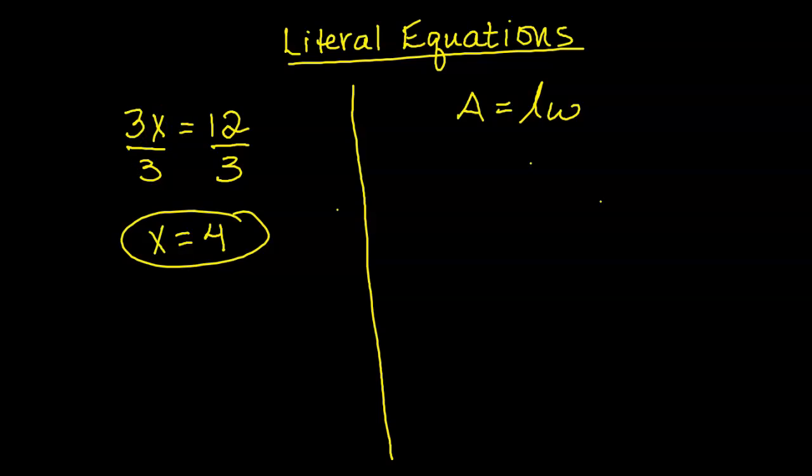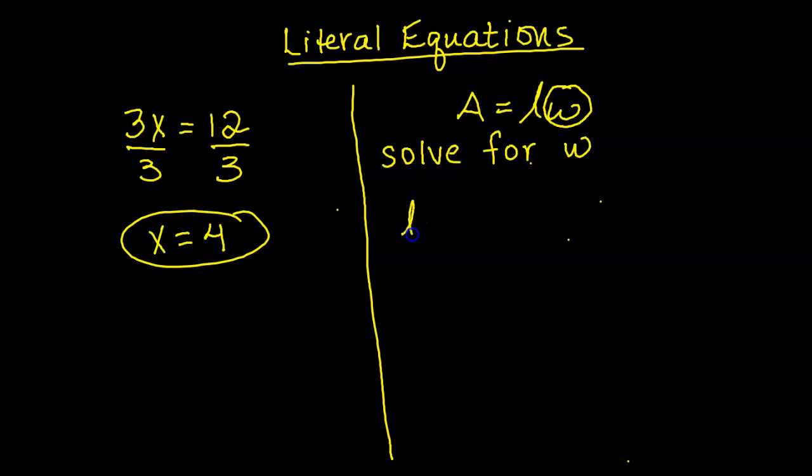When you have a literal equation, you'll have a formula and the directions might say something like solve for w. What that means is you're going to isolate the w variable, which in this case is right here. You want that w to be by itself. In order to do that, I might start out by getting the w on the left side, and I do that by flipping the equation.